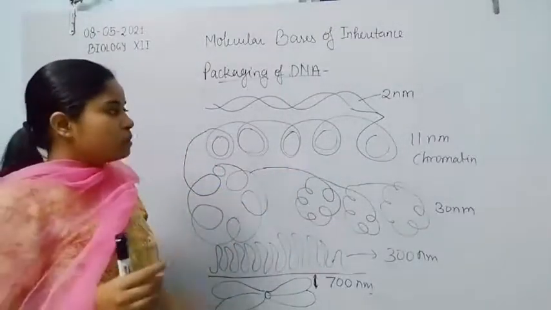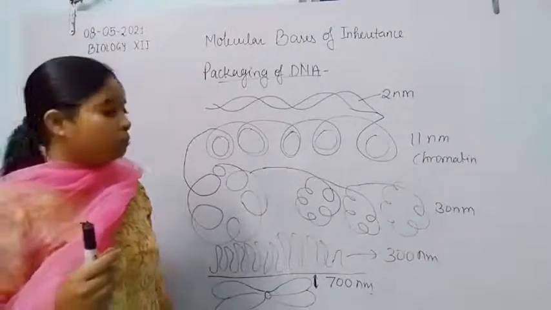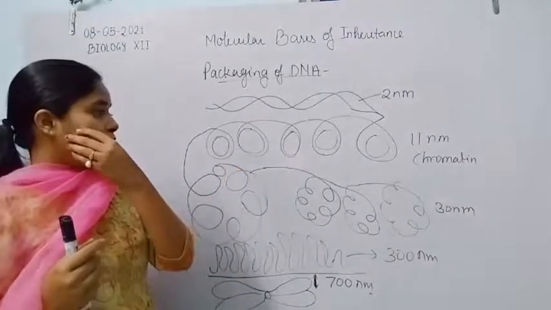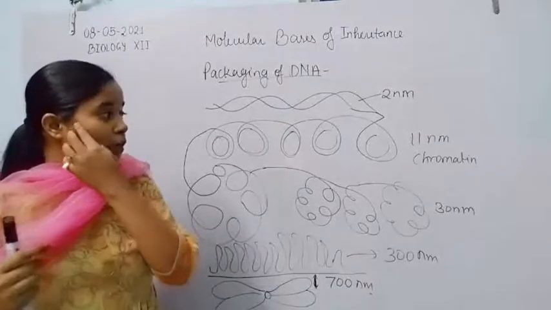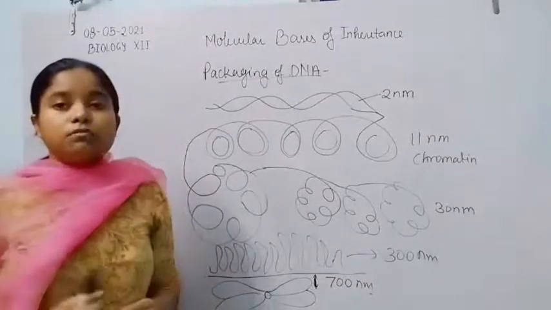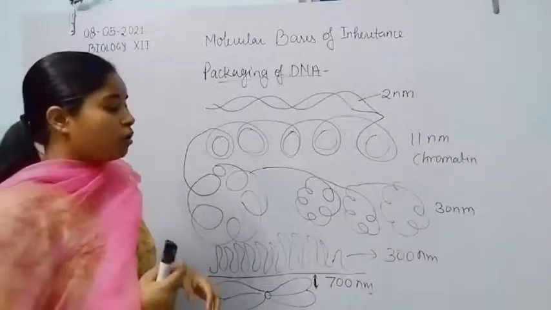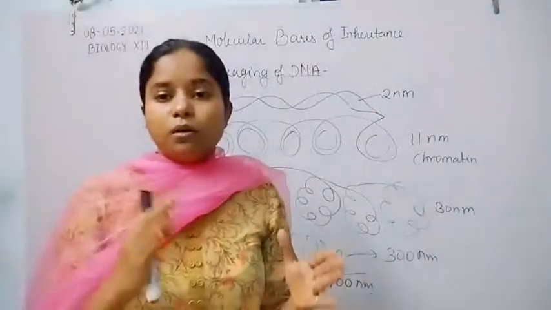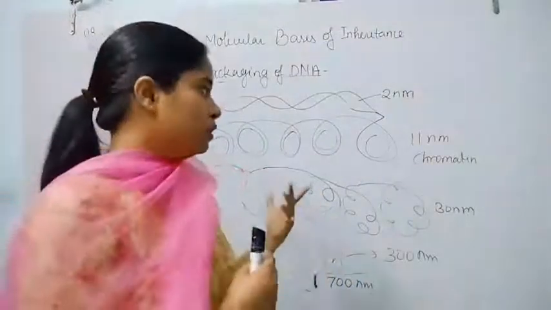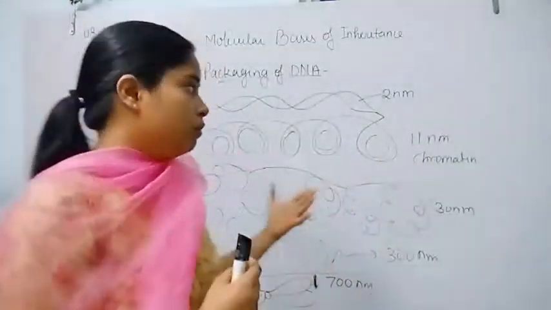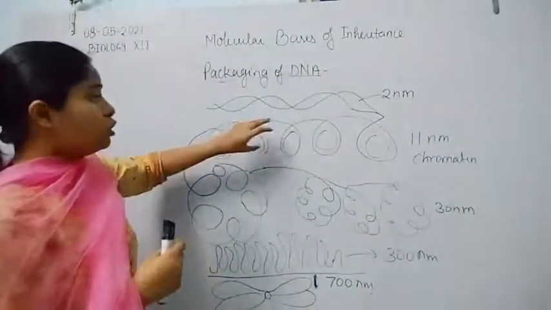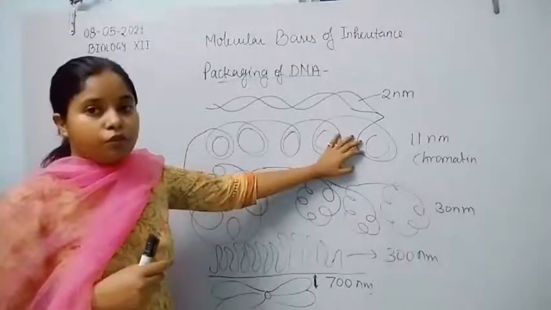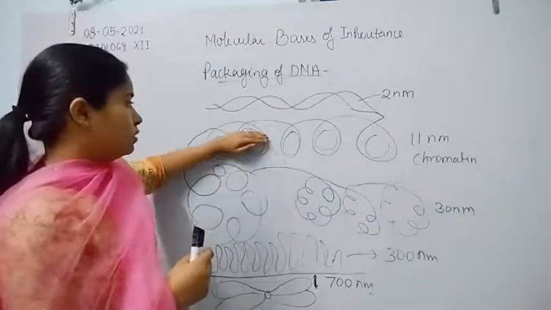So let us discuss the histone protein, and how the DNA molecule wraps around it. First we discuss the structure of the histone protein, then how the nucleosome, or bead like structure, is formed by the DNA molecule.